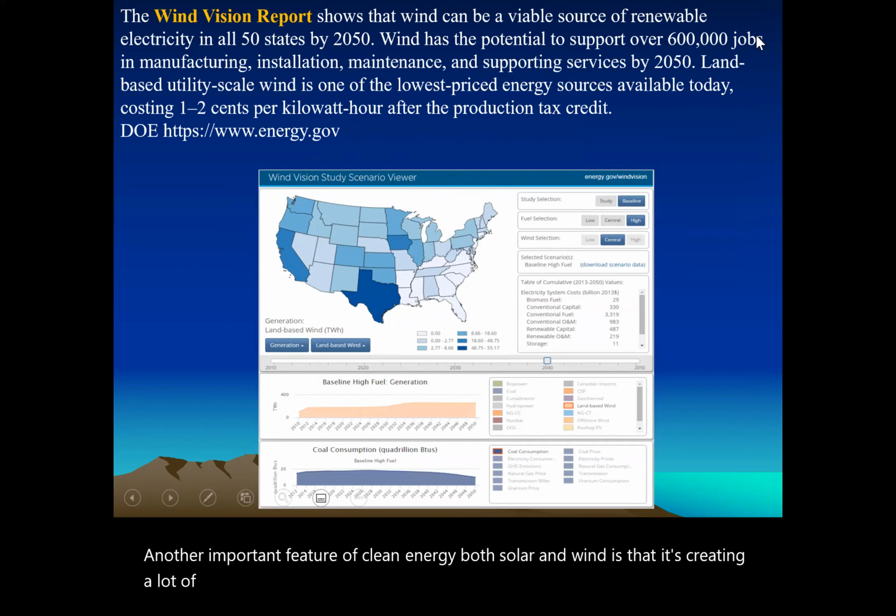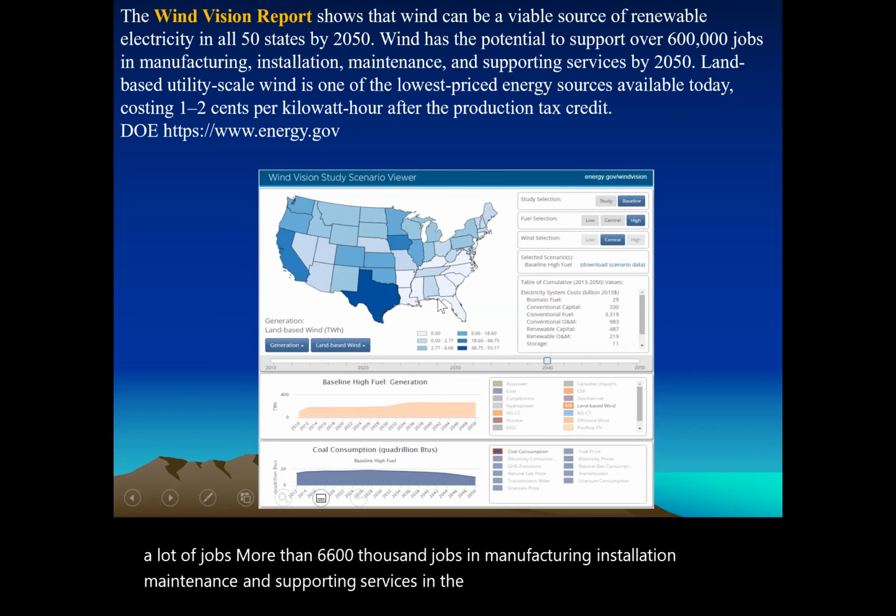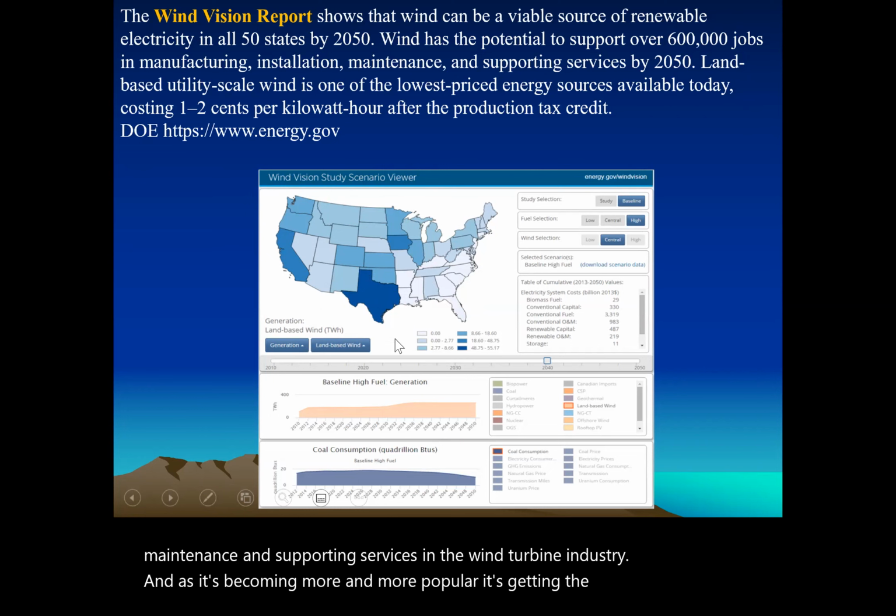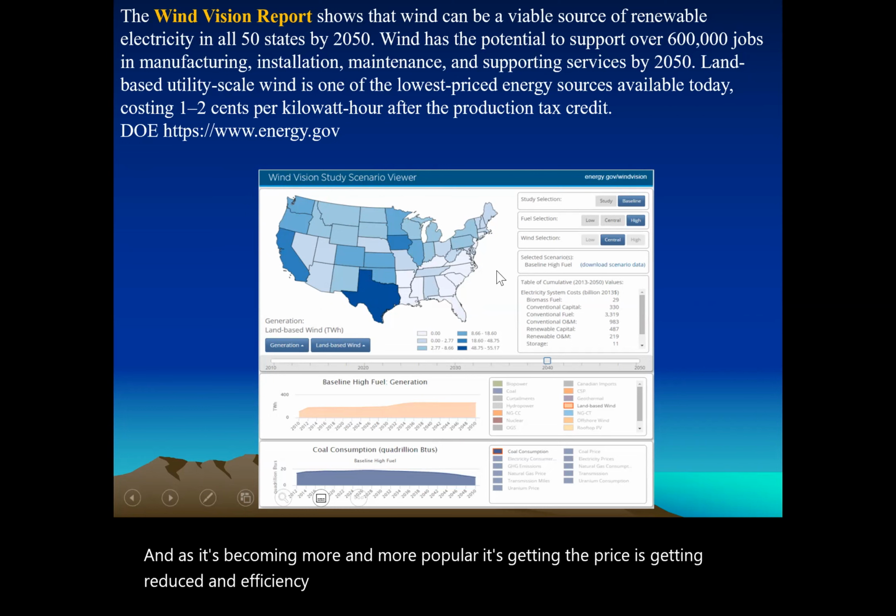More than 600,000 jobs in manufacturing, installation, maintenance, and supporting services in the wind turbine industry. And as it's becoming more and more popular, the price is getting reduced, and efficiency is becoming higher with a lot of R&D that is going on.